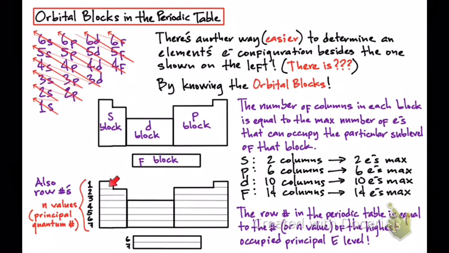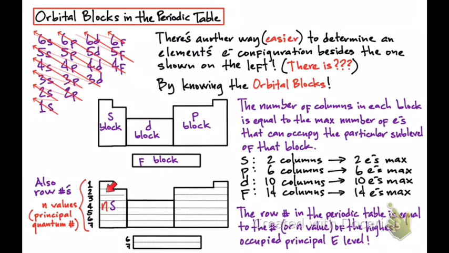If we have an element, let's say the first column here, hydrogen, the highest energy level that it occupies is the 1s, because this is the s block. The n value is equivalent to the row number. So for a hydrogen atom, the highest energy level occupied is the 1s.